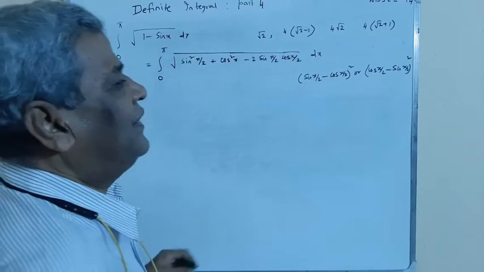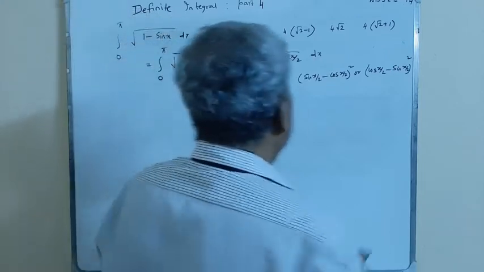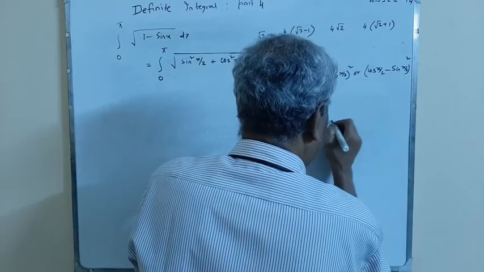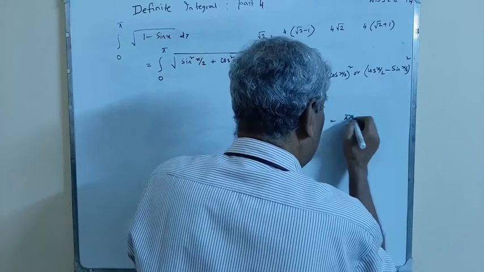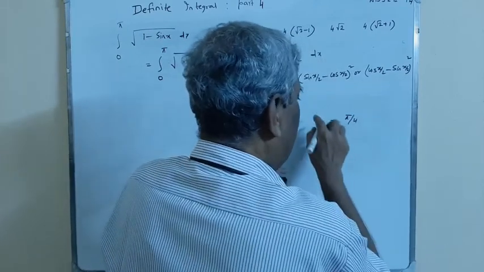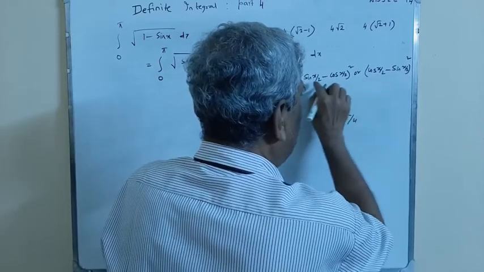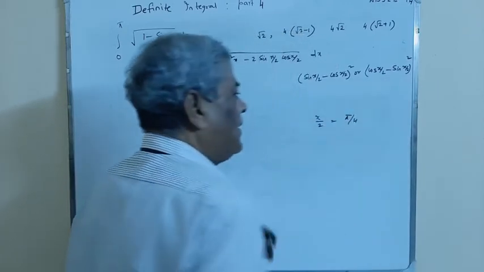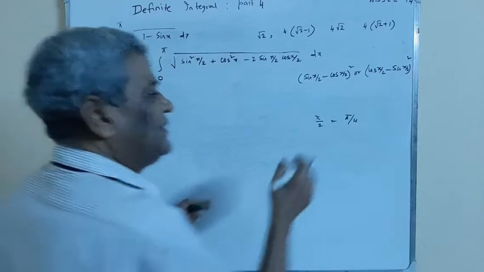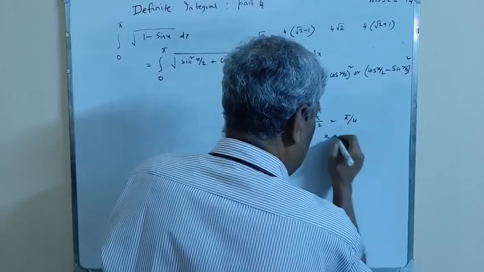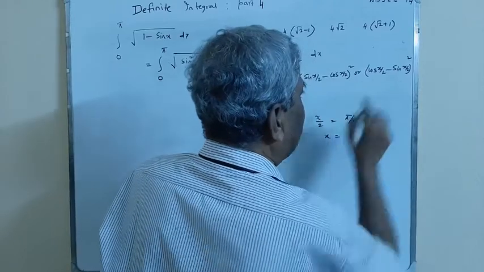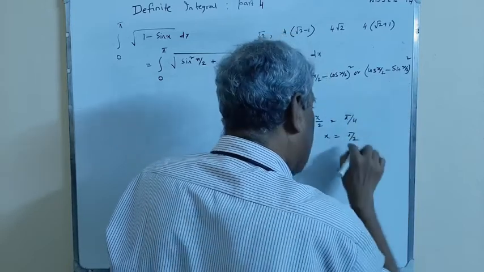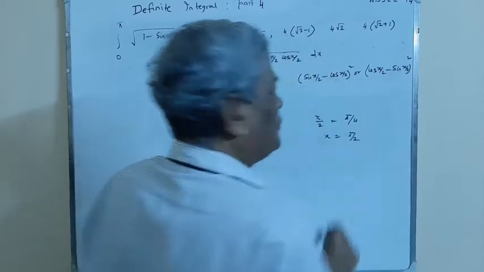Now, we know that this is 0 when x by 2 is equal to pi by 4, that is, when x is equal to pi by 2; this is 1 by root 2, this is 1 by root 2, so it becomes 0. Before that, cos x by 2 is greater than sin x by 2, and after that, sin x by 2 is greater than cos x by 2.